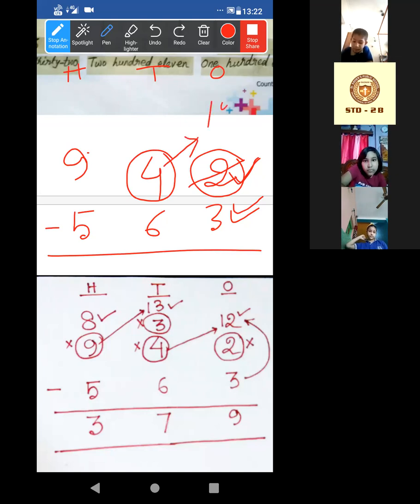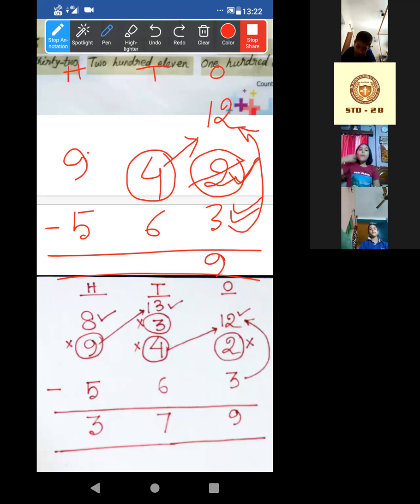So it will become 12. Up to this clear? Okay. Now we have to count after 3 till 12. 4, 5, 6, 7, 8, 9, 10, 11, 12. 9 places are there, right? So we have to put this 9 over there. This one is clear, I think.